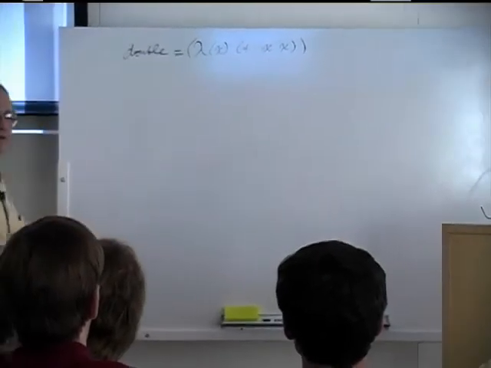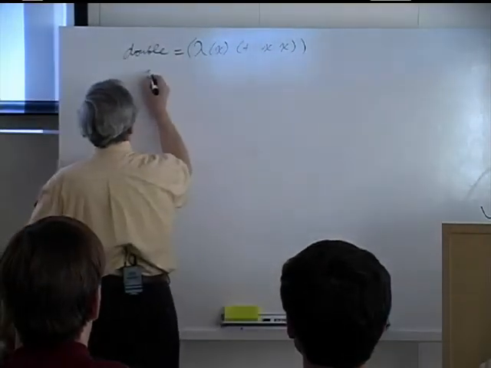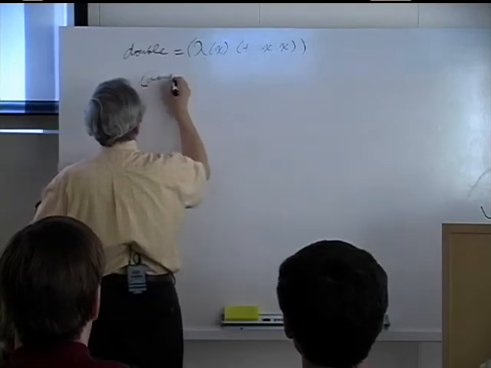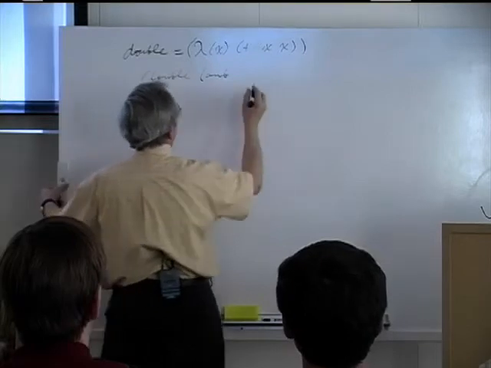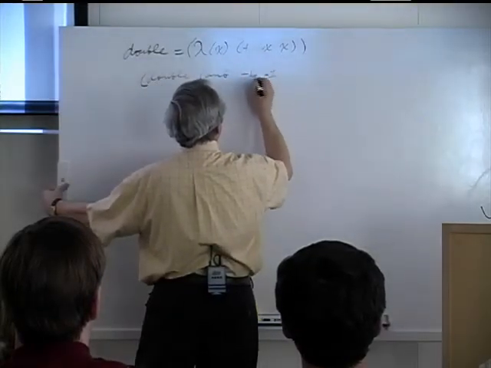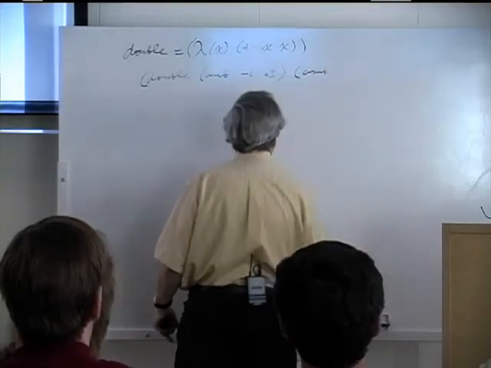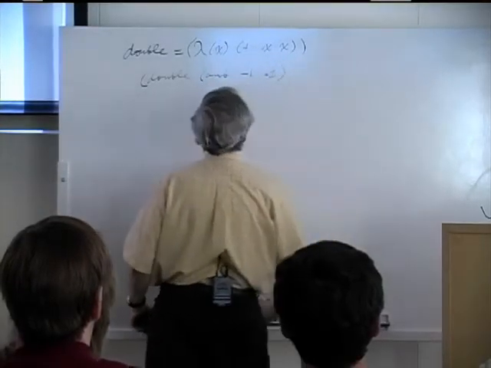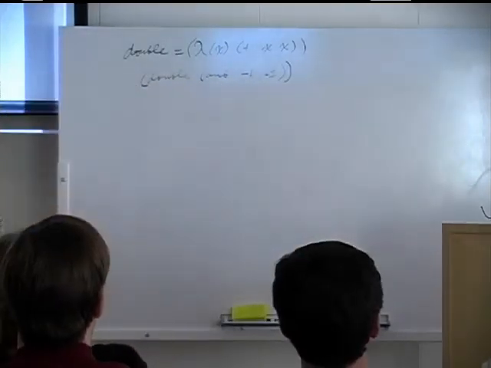Now, what if I say double of amb of, say, -1 and 1? That's right, it's only one possible thing there. What are the possible values of this?